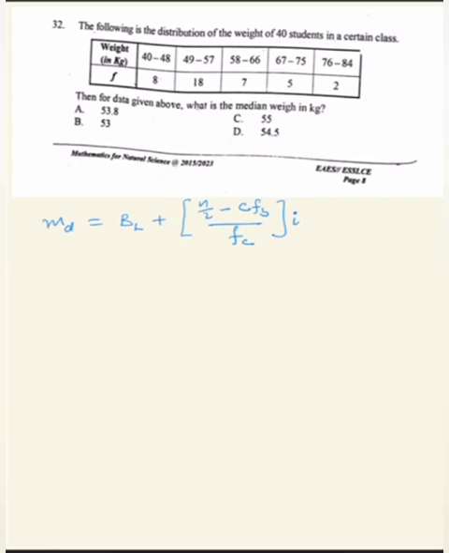ስለዚህ ይሄ BL ምንድነው? Lower class boundary of the median class ማለት ነው። n ማለት the total number of the students ማለት ነው። In this case CFB ብለን የምንጠቀመው ምን ለማለት ነው?